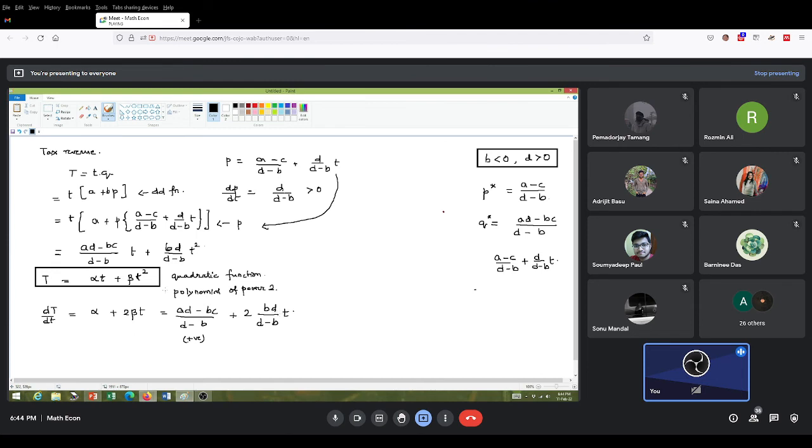Now let's come to over here. Two is positive, b is negative, d is positive, and this denominator is positive.